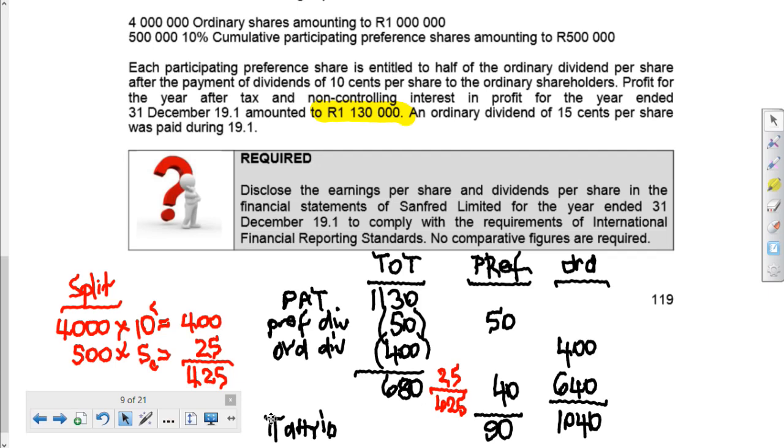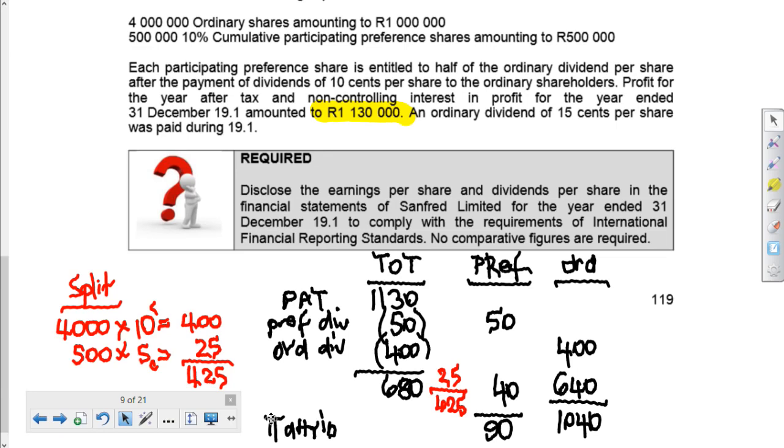That 680 is split, with half of the ordinary dividend per share going to the pref shareholder. I just made up a number: I said there are 4 million shares. If the ordinary dividend gets 10 cents, then the other one gets 5 cents. You could have said 1 Rand, 50 cents, 2 Rand, 1 Rand, whatever, it doesn't matter, as long as you get a proportion. And so I landed up with 25 over 425.